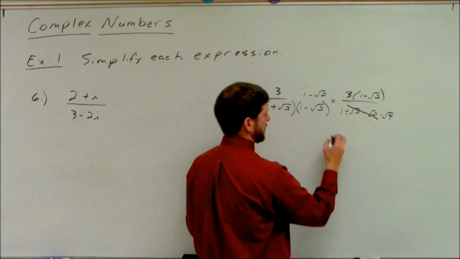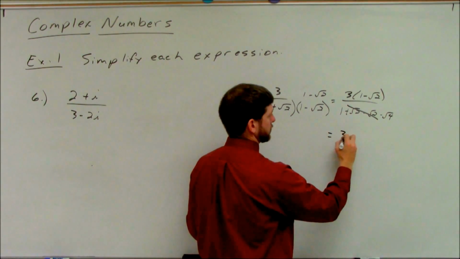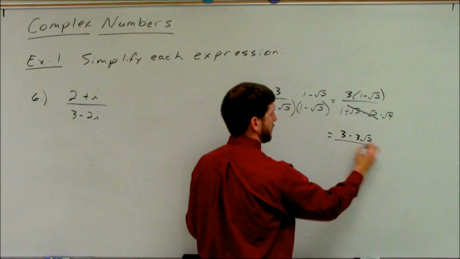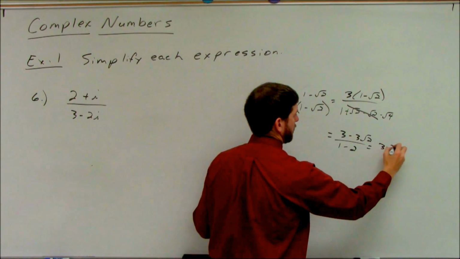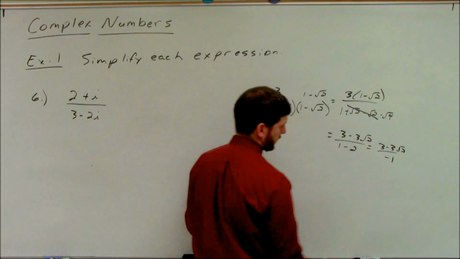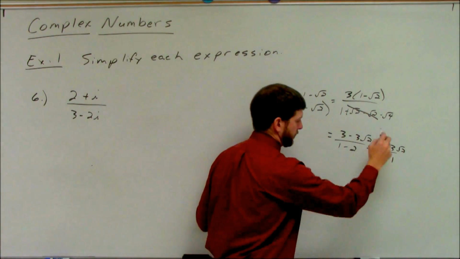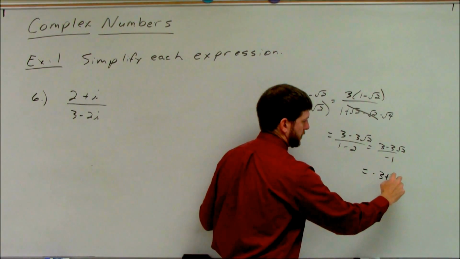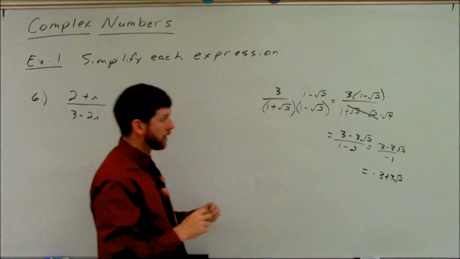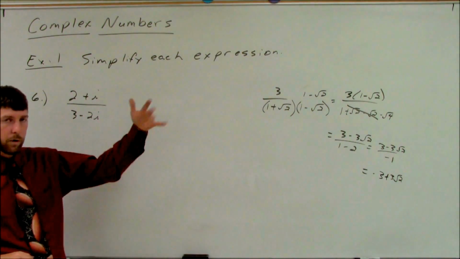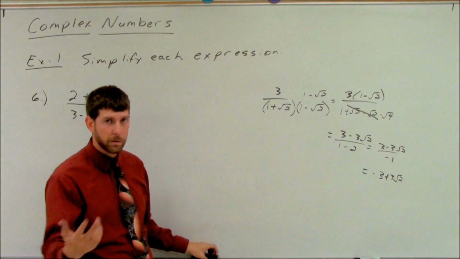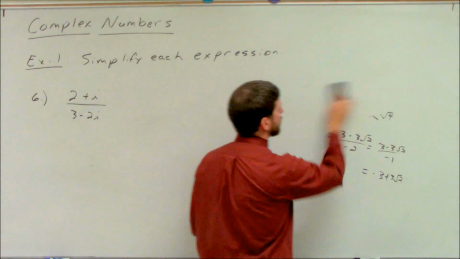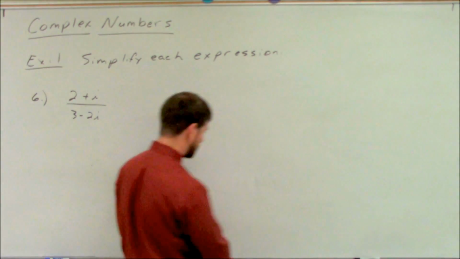The square roots cancel, and the 2 and 2 get multiplied to give us 1 minus 2, which in this case would be negative 1, and you just do your negative from there. So negative 3 plus 3 square root of 2. So that's how you rationalize when you have a radical in the denominator that's part of a binomial. Multiply by its conjugate. Well, we're going to do the exact same thing here.